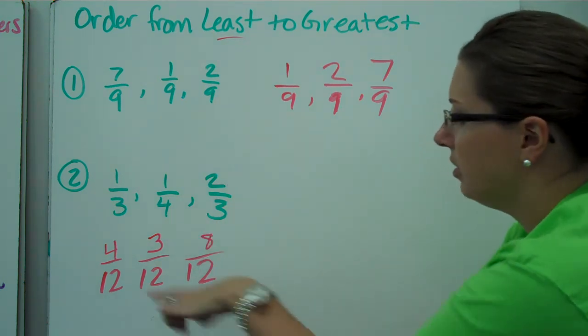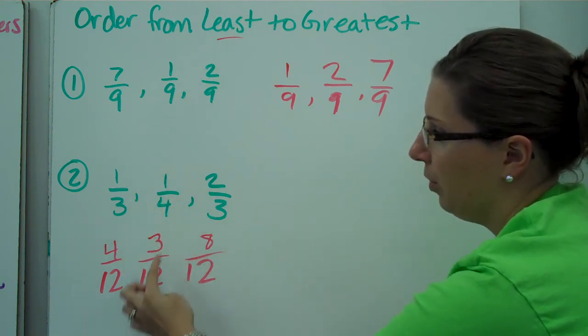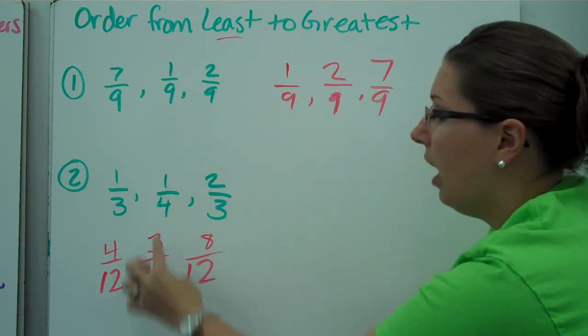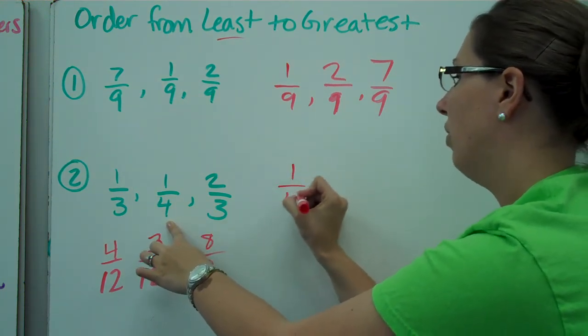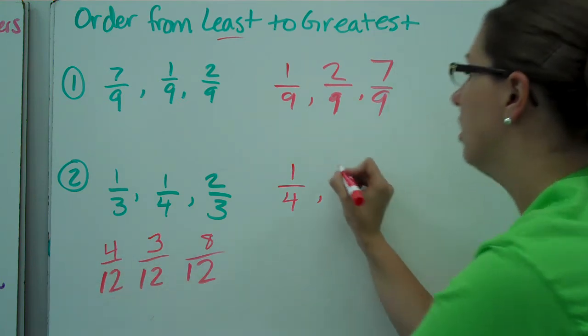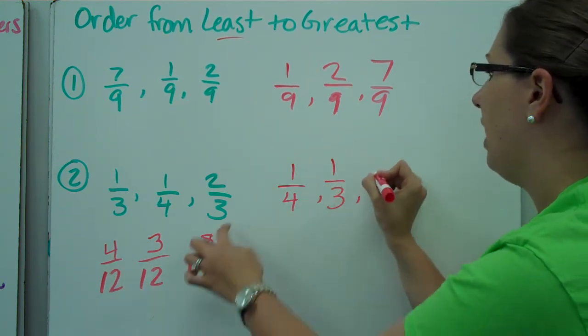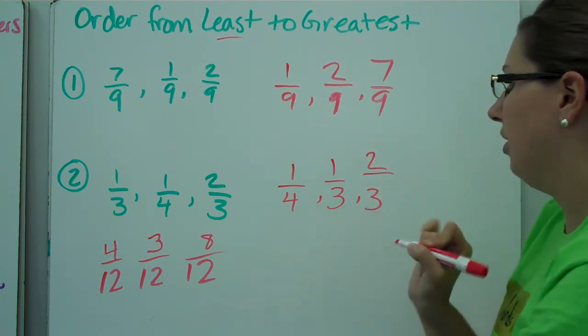So out of these numbers, the smallest is this one right here, 3/12. But when I write my answer, I need to write the original number, 1/4. Then the next smallest was 1/3, and the last, or the biggest in this case, is 2/3.